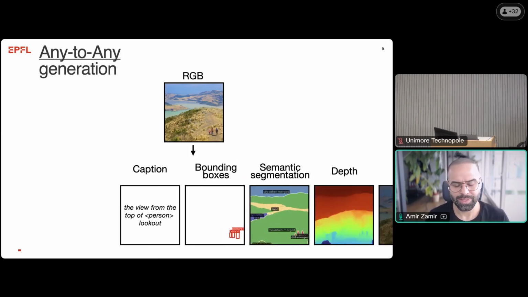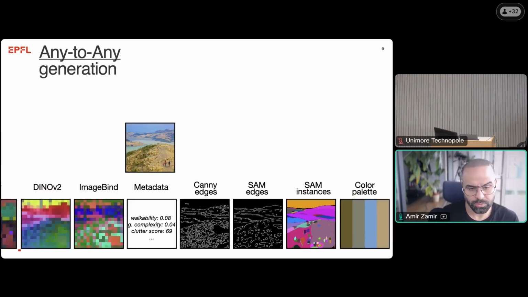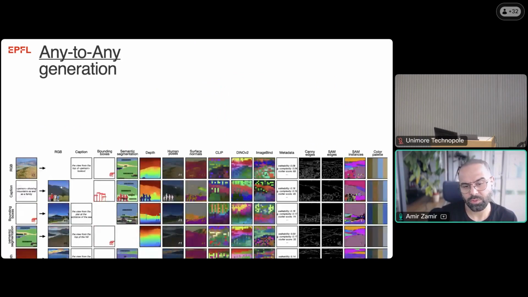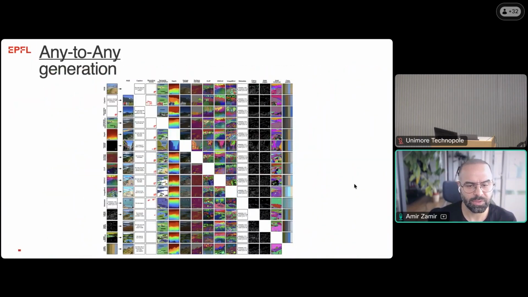Okay, so I mentioned it's any-to-any. What I showed in the previous slide was one-to-many, but if it's any-to-any, it should really be a full matrix, right? So this is that full matrix, where in each row the first column shows the inputs, and the other columns are the predictions of the rest of the modalities out of that. You can see that this is really any-to-any, and all of them work comparably well, except for the ill-posedness of some of them.